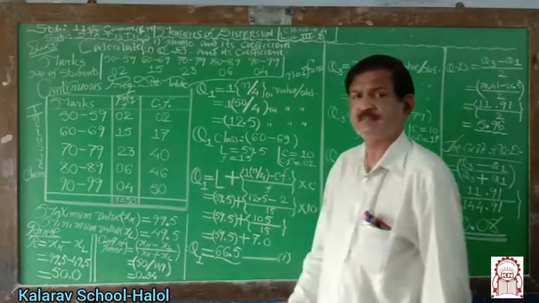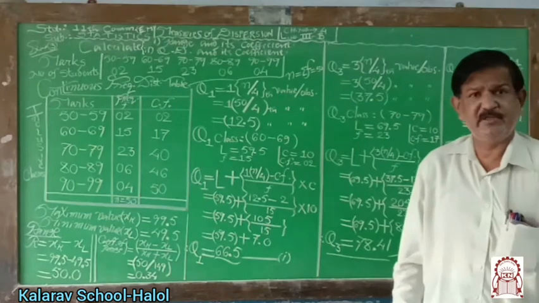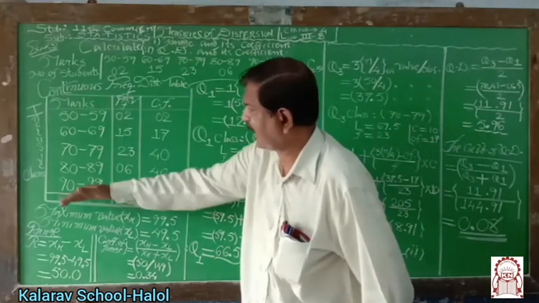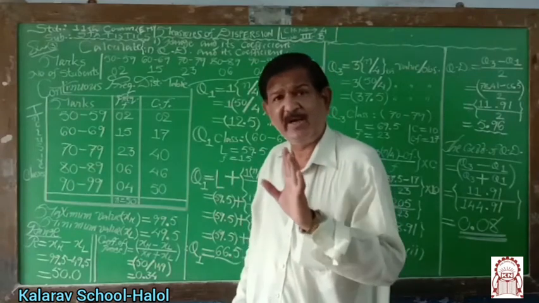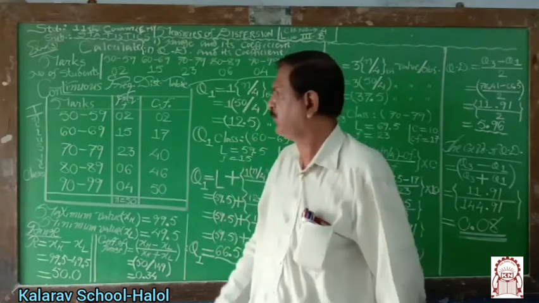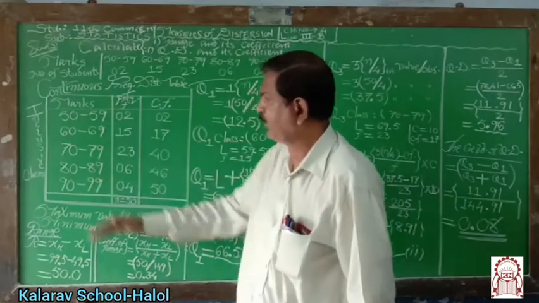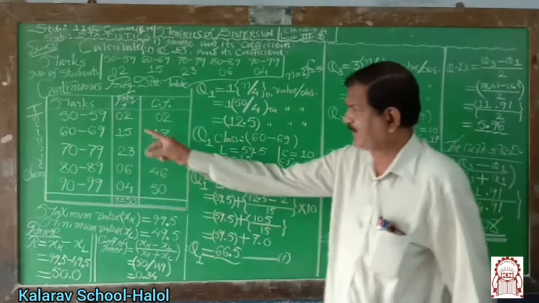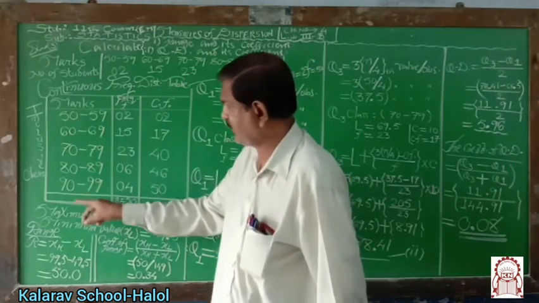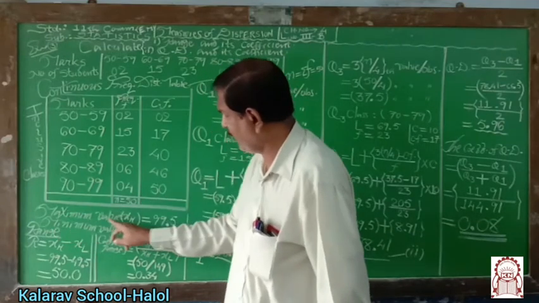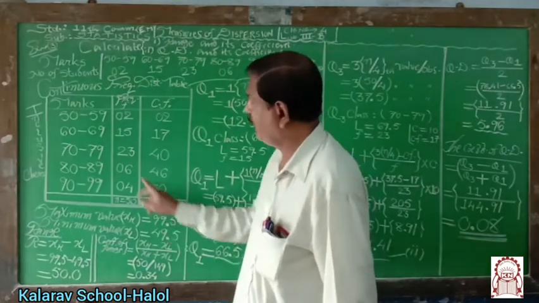For computing range, one point should be noted: inclusive type classes are given to us. So we have to prepare the limit points. For the upper limit, 99 plus 0.5 means maximum value 99.5.